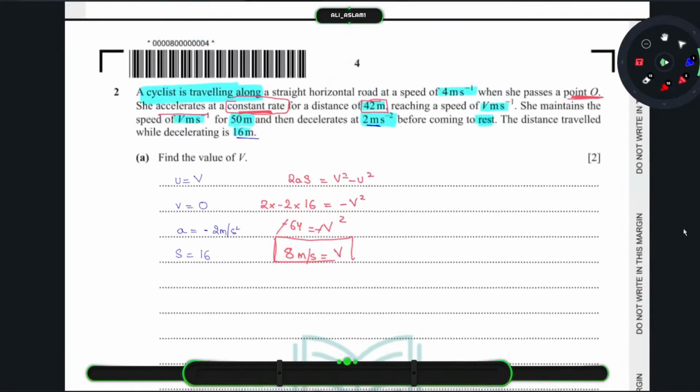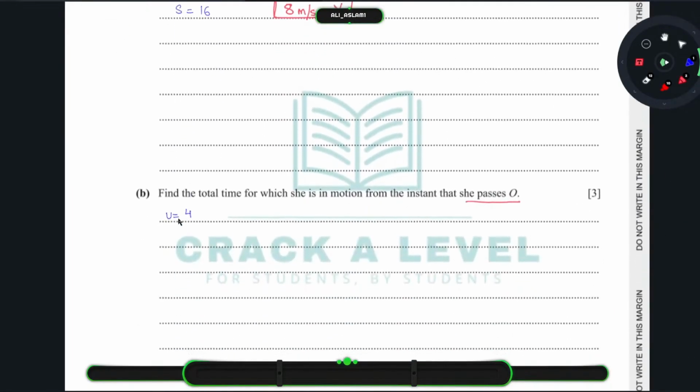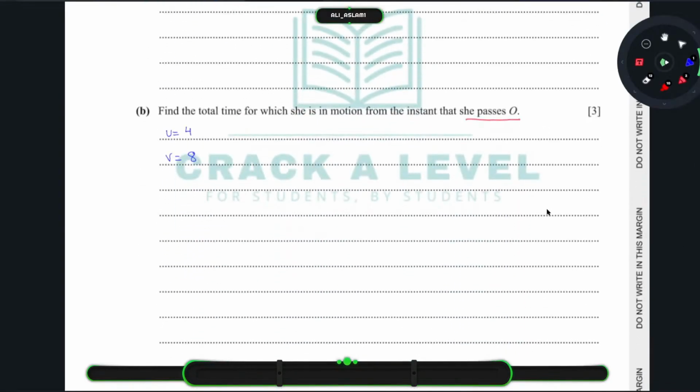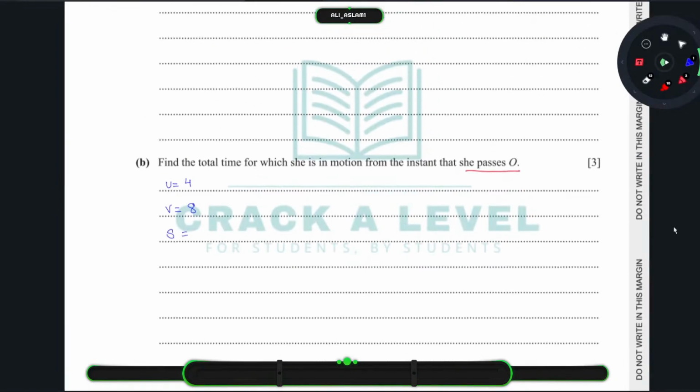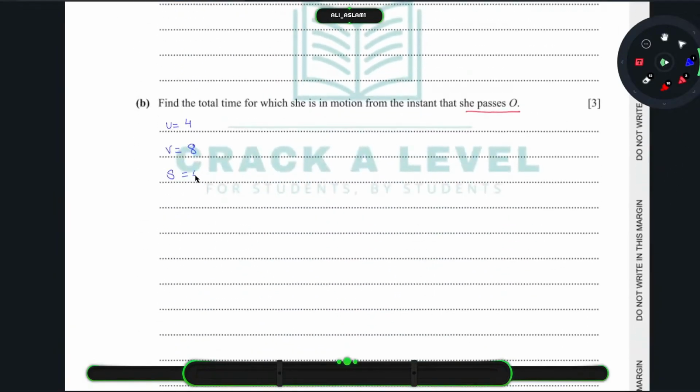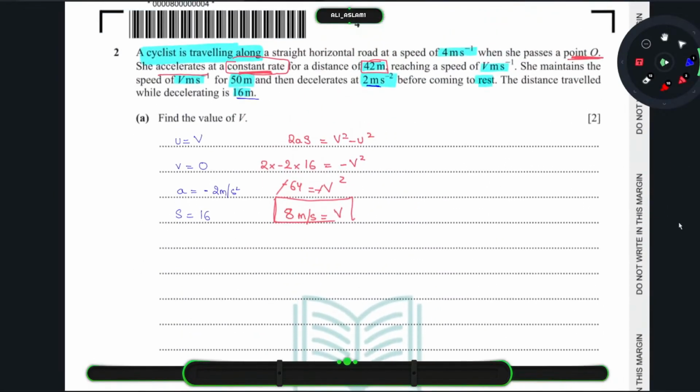Then she accelerated to v, and v is 8. In order to find the time we use v equals u plus at, but we do not have the acceleration. We know v, and s is 42. So first of all we need to find the acceleration, then using that acceleration we find the time.